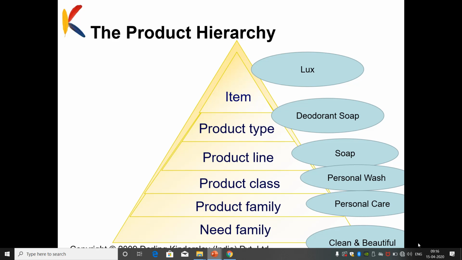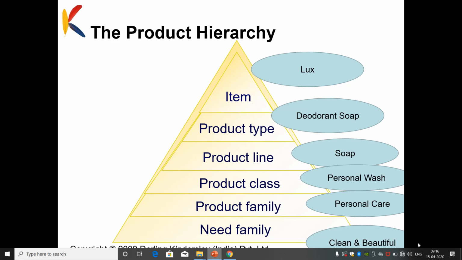Then a question comes to mind: what are the other product lines which fall in personal wash? There might be a face wash other than these bathing soaps or bathing bars, or there might be some scrubs. So there can be different things which can be used for personal wash. That personal wash falls into a product family class which is called personal care.